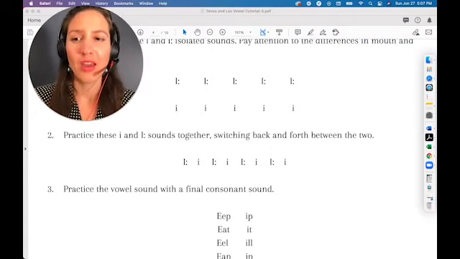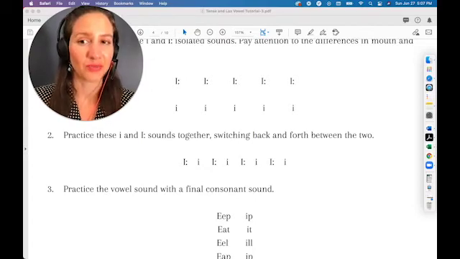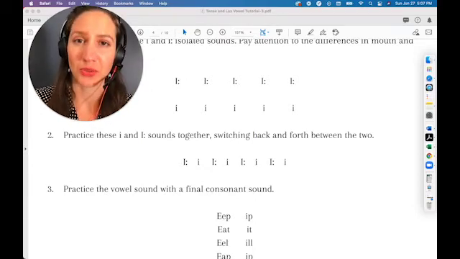Number 2. Practice these I and E sounds together, switching back and forth between the two.